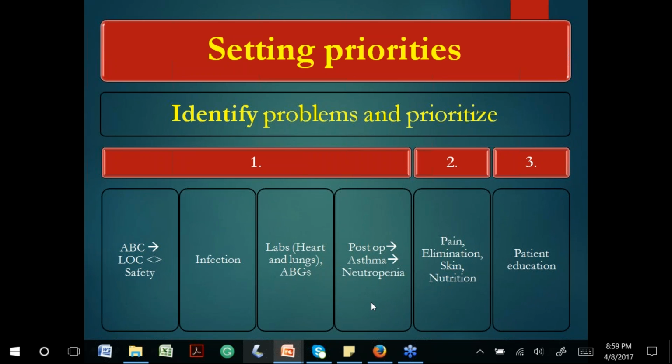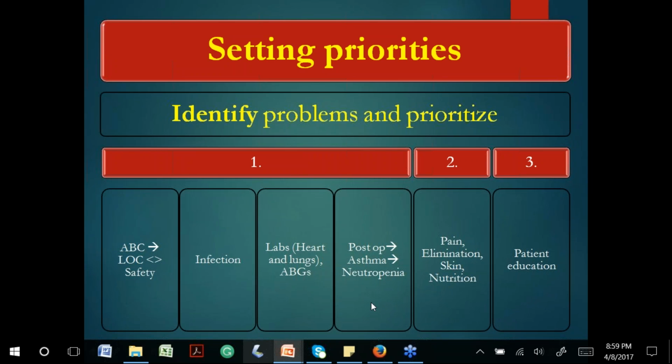So what is your risk here? Your risk is going to be for infection, right? So if you have a post-op, asthma, neutropenic patient, risk for infection, what if you have these three patients at the same time? Which one are you going to check first? Then you're going to combine your post-op ABC LOC, your asthma ABC LOC, your neutropenia or risk for infection ABC LOC. So that's how you're going to prioritize your patients.